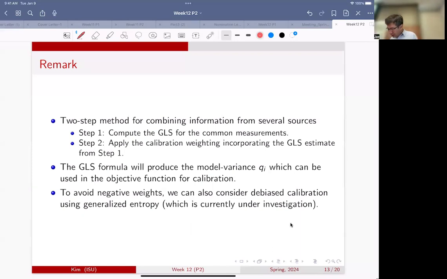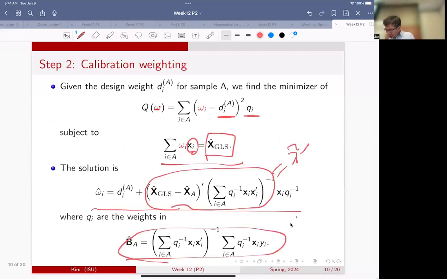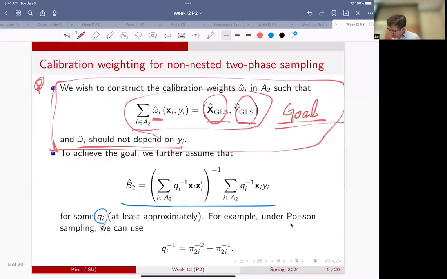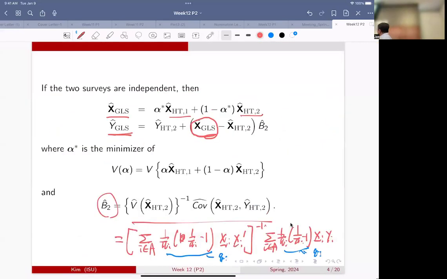Because usually the design-optimal QI is the variance covariance matrix of this estimator, and this one usually involves a double summation. But you want to write it as a single summation. So that means we need to do some approximation.